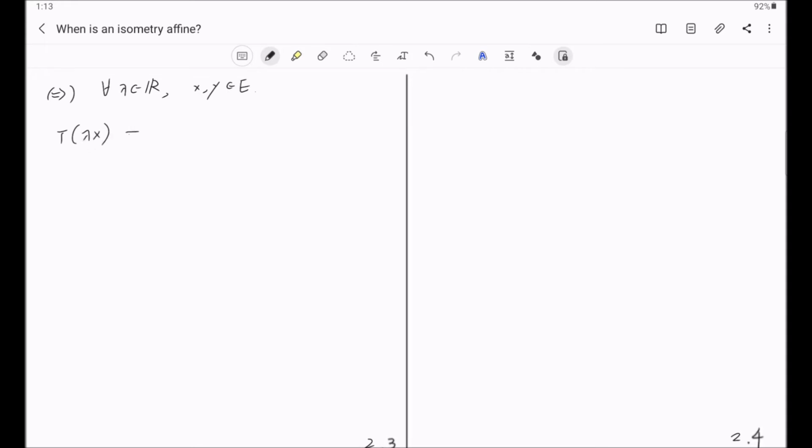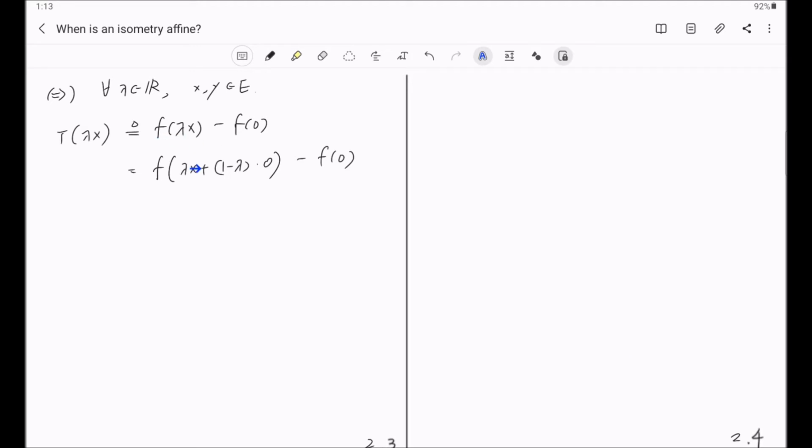This by definition is equal to f of lambda x minus f of 0, which is further equal to f of lambda x plus (1 minus lambda) times 0, minus f of 0.